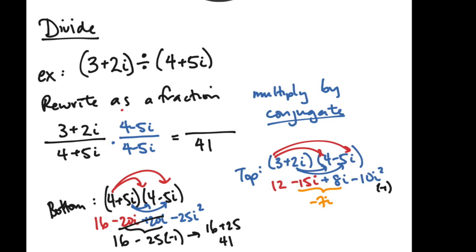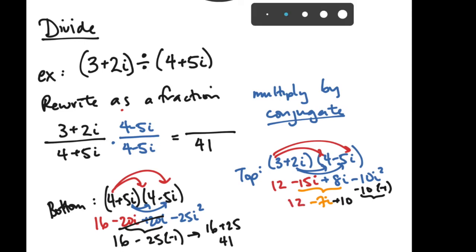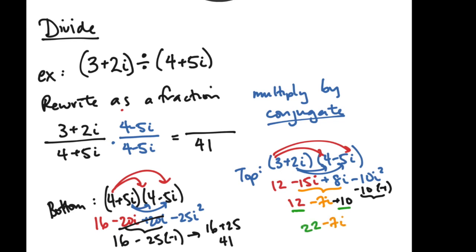I'm going to plug in the negative 1 here. So this becomes positive 10. Bring down the 12. And if I combine like terms, that's 22 minus 7i. So on top, 22 minus 7i. And that is going to be our answer.